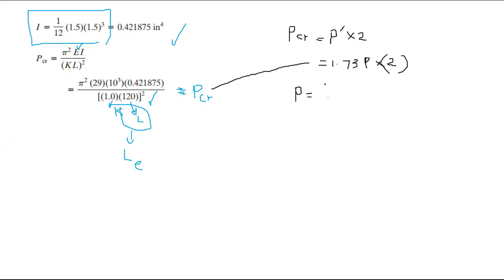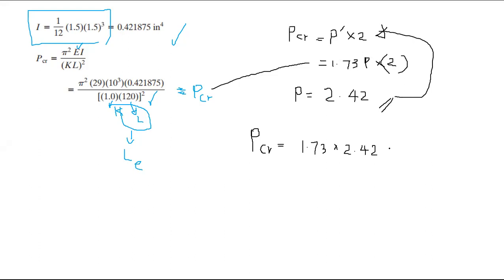You can calculate the P value, and the P value would be 2.42. From that, you can take it into this equation and calculate the P critical value, 1.73 times P times 2.